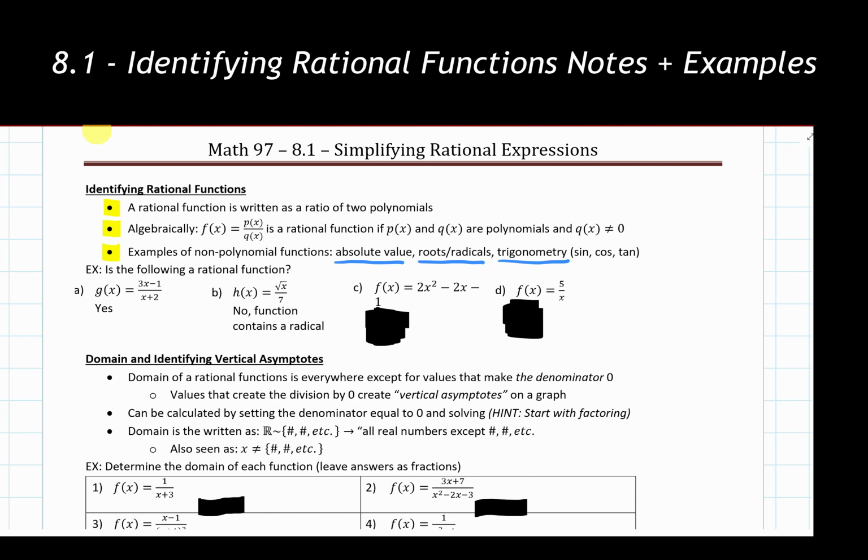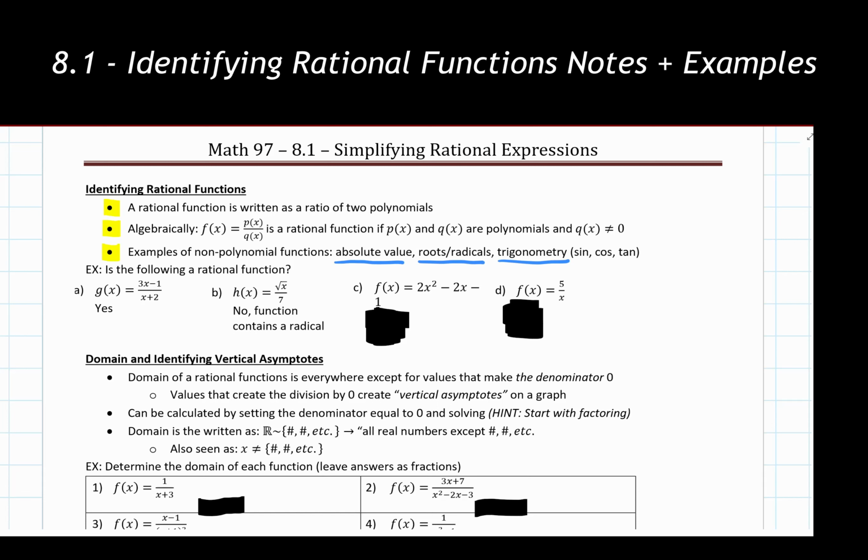Looking at C, we have 2x squared minus 2x minus 1. And we might say, well, hold on, I don't have any denominator, and our definition has something in the numerator divided by something in the denominator, and both of those somethings are polynomials. Well, remember back to our rules from previous sections. Anything that is not explicitly written as a fraction is always assumed to have a denominator of 1.